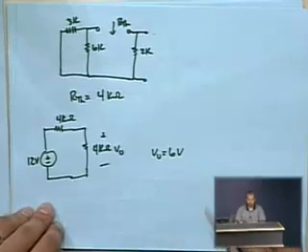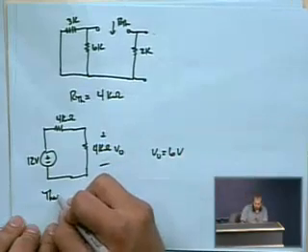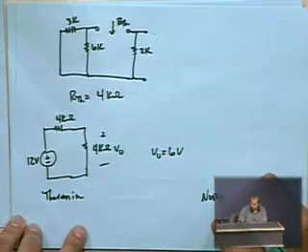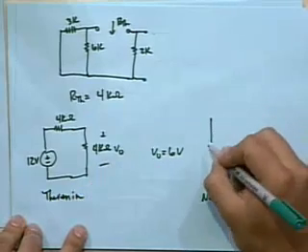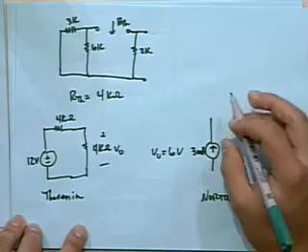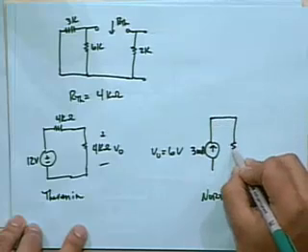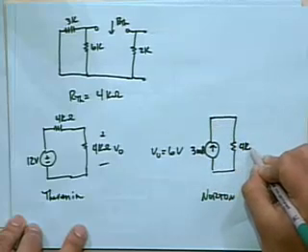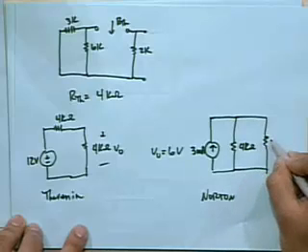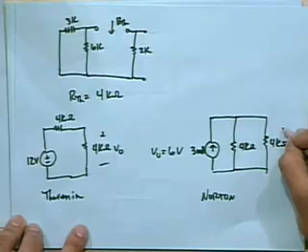So this was our Thevenin equivalent. Our Norton equivalent: we solved for a short circuit current source of 3 milliamps and a Thevenin resistance of 4 kiloohms. And then our load was another 4 kiloohms.